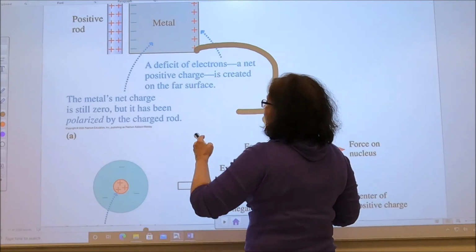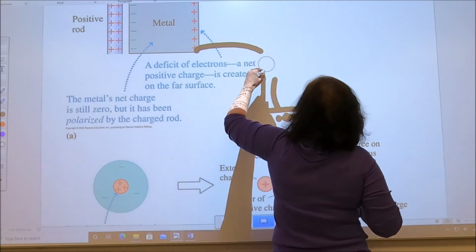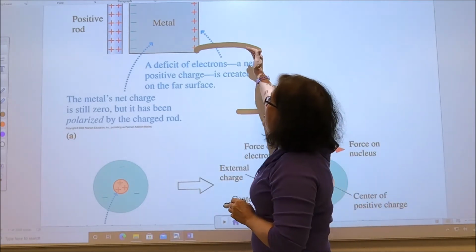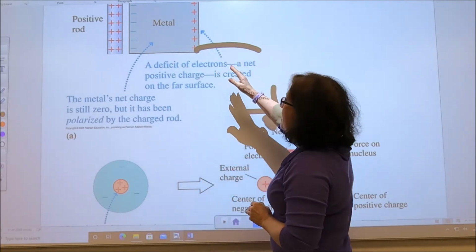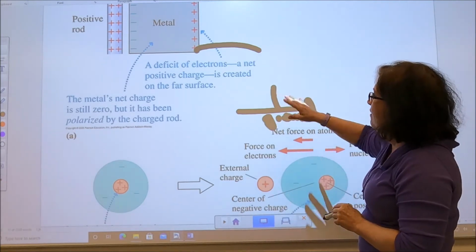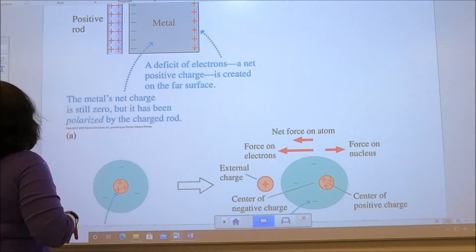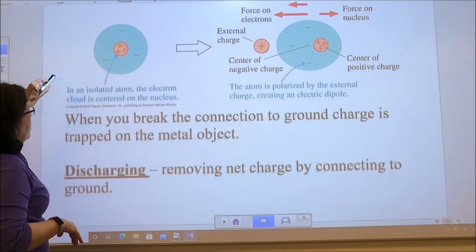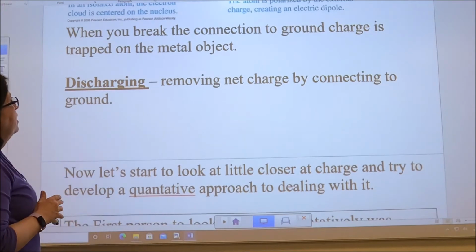So if you let that happen, and then you were to come in here and break this connection, now the negative charge that went up onto the metal is trapped. And this is induction. Okay? We have induced and trapped the charge. So, you break the connection to ground, you trap it.